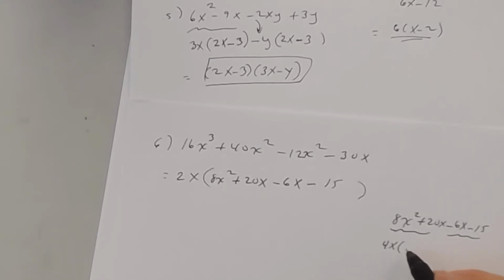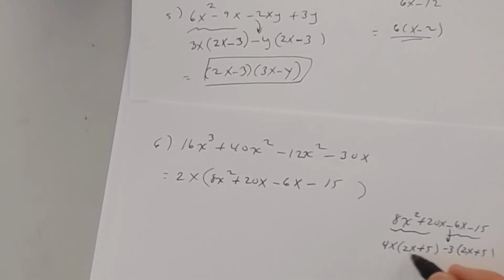And what are you left with? 2x plus 5. From the second group, what are you going to factor out? A negative 3. And negative 3 times what will give me a negative 6x minus 15? 2x plus 5. Always check. A negative 3 times 2x is a negative 6x. A negative 3 times a positive 5 is a negative 15.